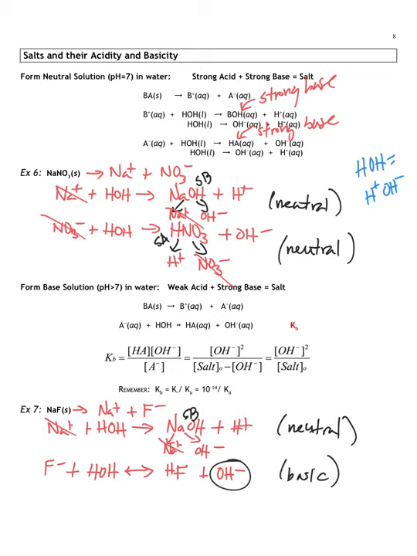Hydrofluoric acid is a weak acid, so we don't dissociate it completely. It's only going to partially ionize, and that is why this reaction holds true as is with the production of hydroxide ion. And so this solution is basic, which means the pH is going to be greater than 7.